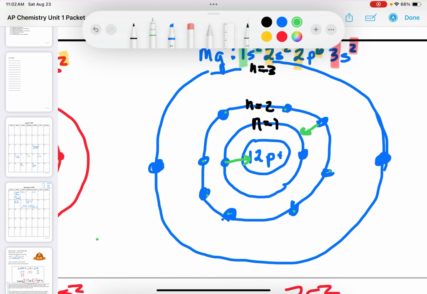And then the second thing is it's probably even a little further than we might realize, because yes, for this electron, it's being pulled in by 12 protons still, but there are 10 core electrons in the first and second energy level that are repelling those outside electrons. And so that attraction is far weaker. And due to this weaker effective nuclear charge or attraction of the nucleus, the capacity of this nucleus to attract these outside valence electrons, the distance between these valence electrons and the nucleus is far greater.